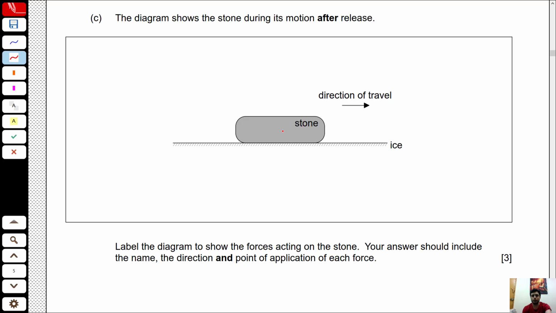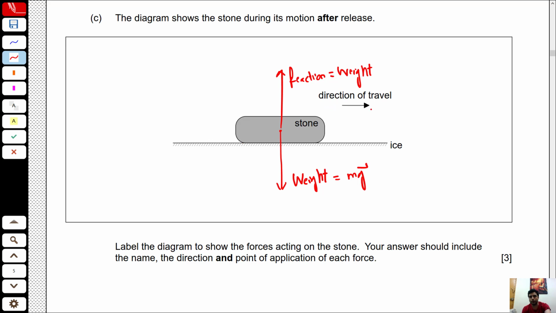So as usual, there is a weight which is acting downward, which is equal to mass times gravity. And because of this weight, there's a reaction force from the ground. And the reaction force is also equal to the weight, because the body is not moving vertically.